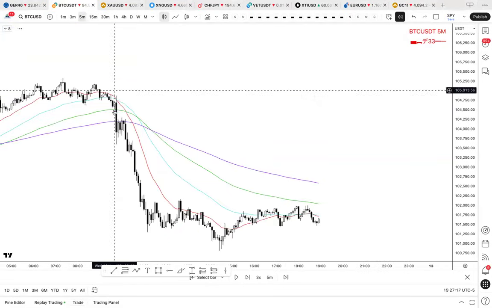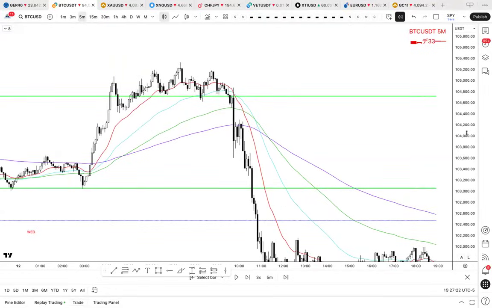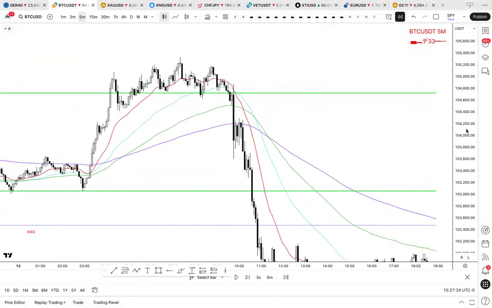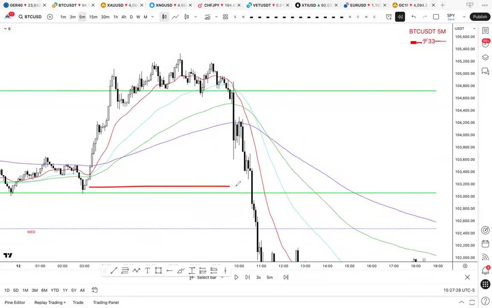So let's go to a 5 minute. And this is exactly what I mean by scaling in. This is why I am now super confident. We have our pump. We have our sideways consolidation, which I don't care how you draw it. It can be on the wick, it could be on the body. It literally doesn't matter. I may just put a position in anywhere here, a starter with a stop loss above the high.